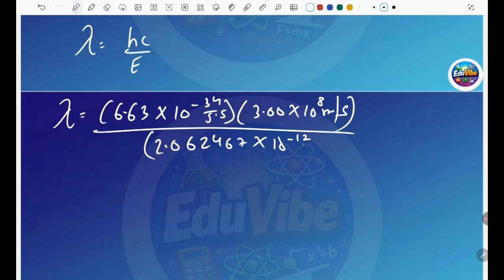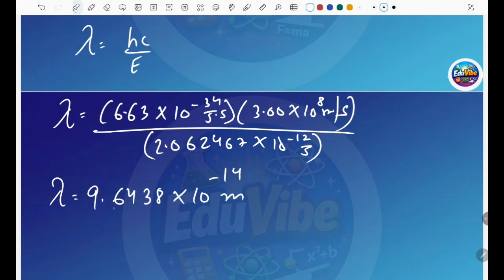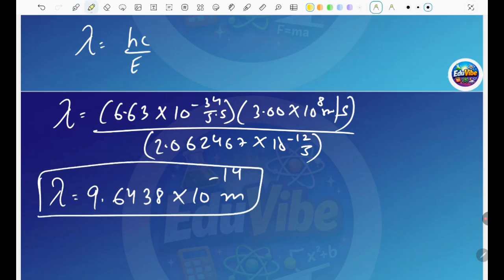When you calculate this, you get 9.6438 something into 10 raised to minus 14 meters, and that's your answer.